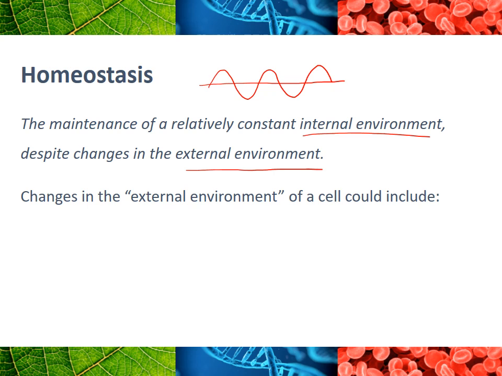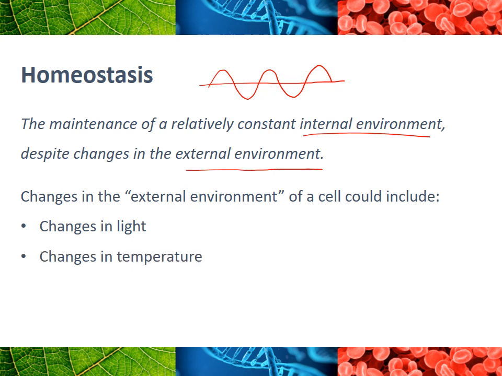So when we talk about these changes in the external environment, these can be a few different things. So something like light would be a change. For example, when your eyes receive light, your pupils dilate, your eyes open up a bit. So that would be an example of a change causing a response.